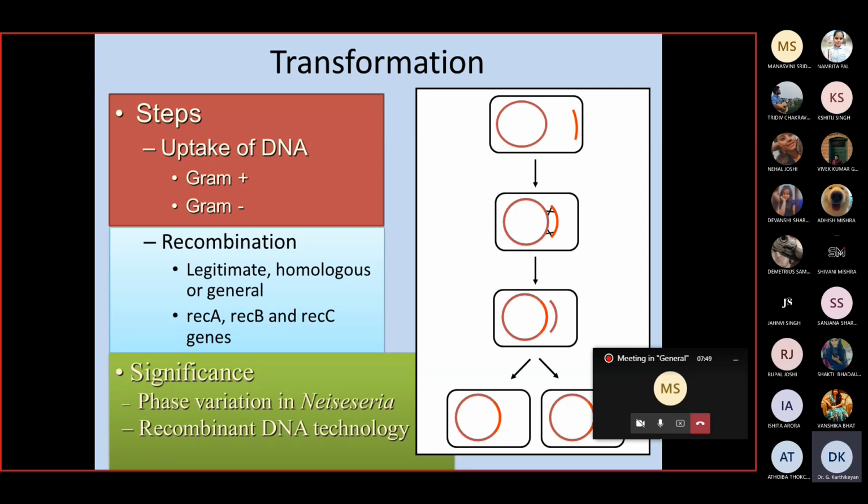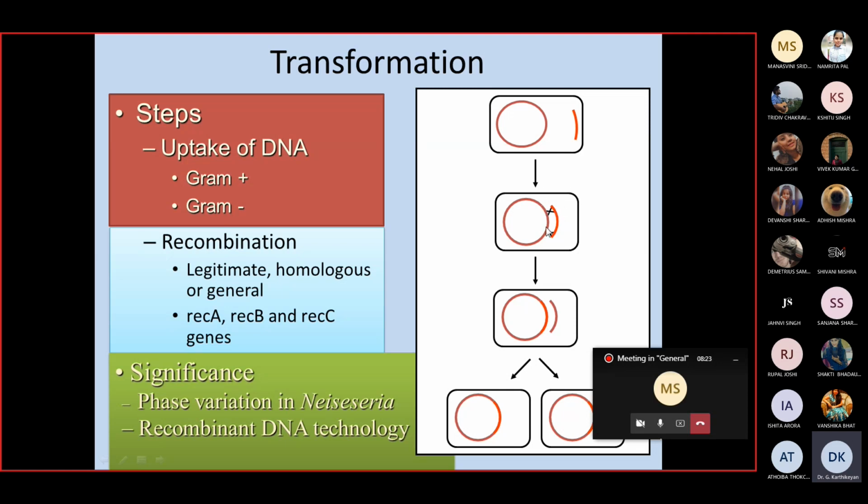It doesn't integrate randomly. It looks for homology, and it recombines very close to the site where there is a lot of homology. This process is mediated by a series of proteins called RecA, RecB, and RecC. These are three genes that are responsible for making sure that the foreign gene, depicted here in orange, is picked up.